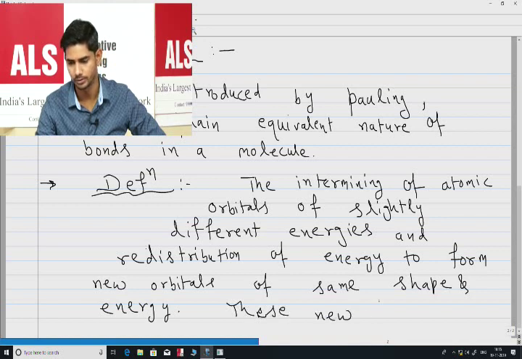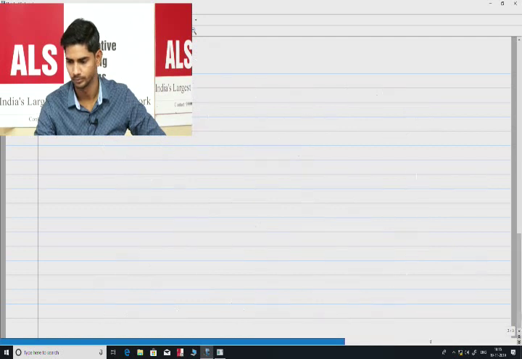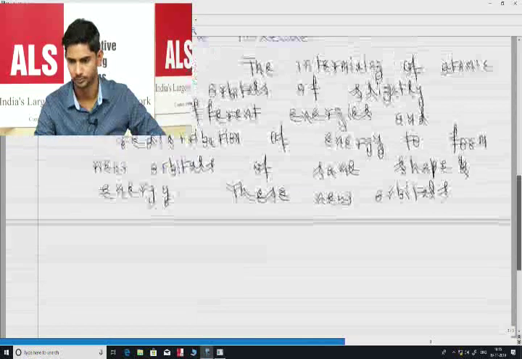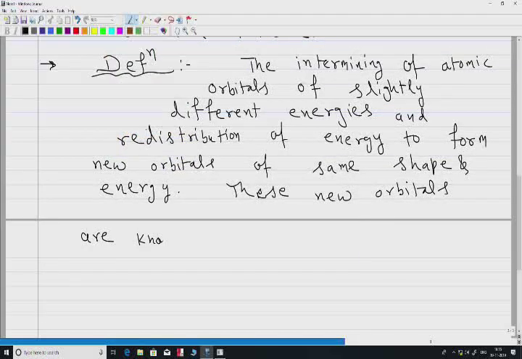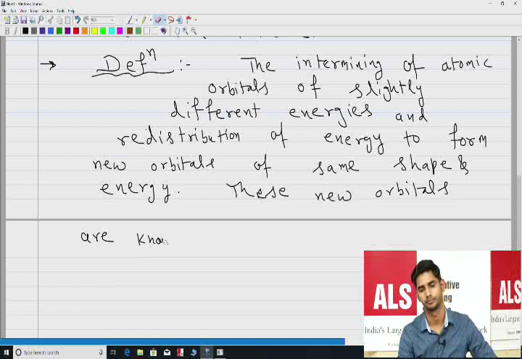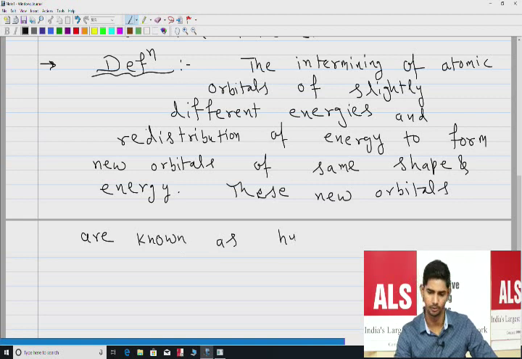These new orbitals are known as hybrid orbitals.